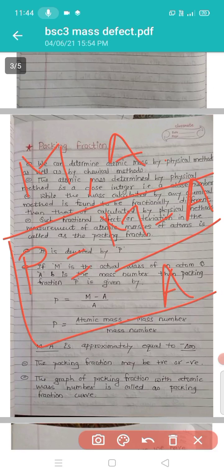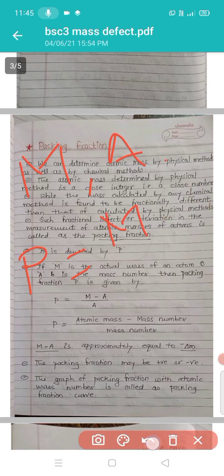The graph of packing fraction with atomic mass number is called the packing fraction curve. From this packing fraction curve, we have some conclusions.